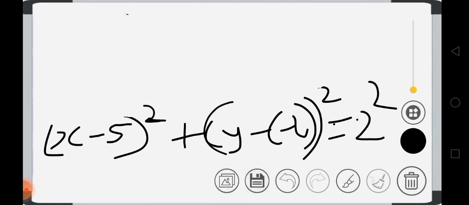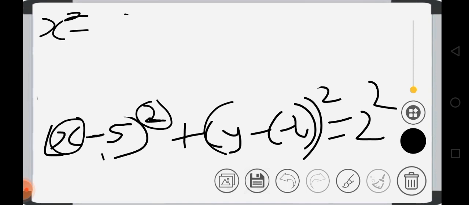To open this bracket, you can just multiply it by itself two times, or you just say x raised to power 2 first, x squared, then minus 2 times x times 5. 2 times x, 2x times 5, that is 10x.